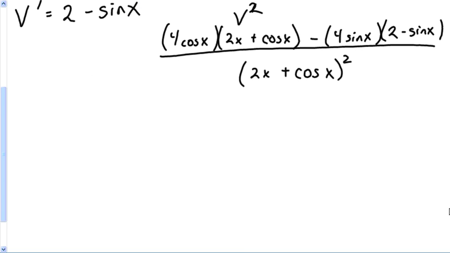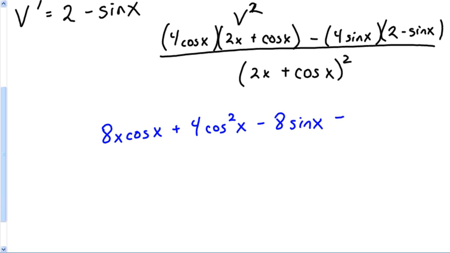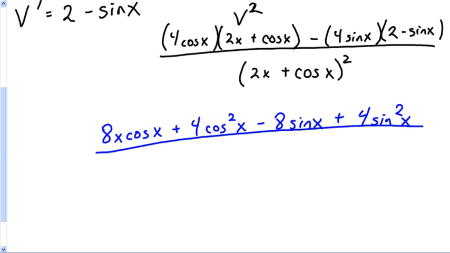Distributing everything in this one, it becomes, looks like 8x cosine x plus 4 cosine square x minus 8 sine x plus 4 sine square x, all this over 2x plus cosine x, boom, square.